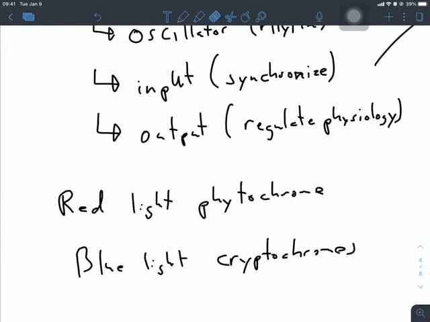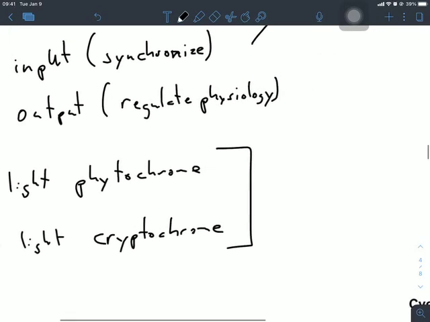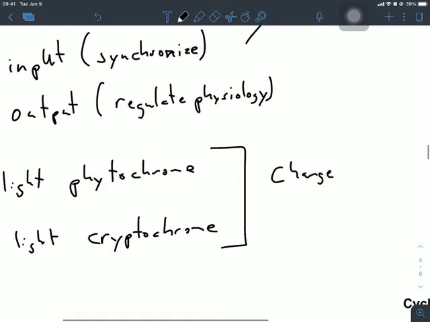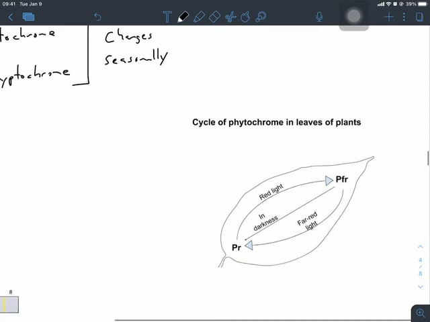And the reason why these two matter so much is because the proportion of red to blue light coming from the sun changes seasonally. And so plants are able to regulate what they're doing based on the time of year because of the amount of light that's blue versus red that they're perceiving in their leaves.